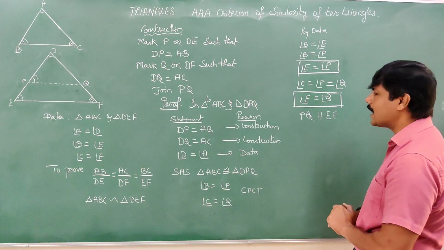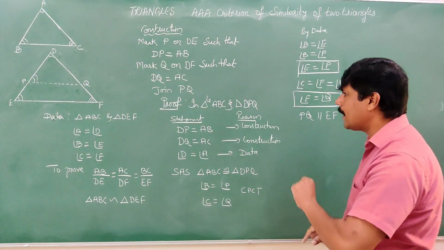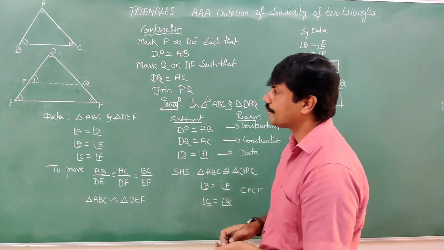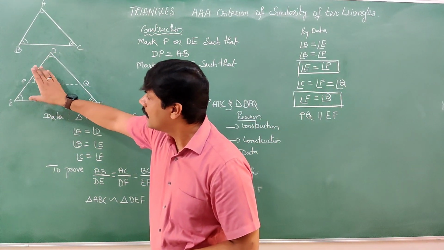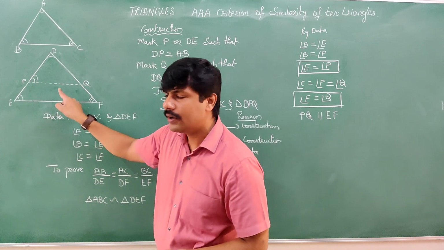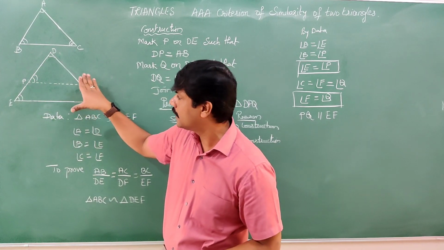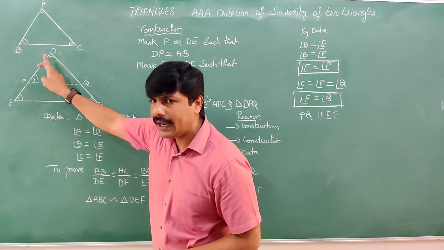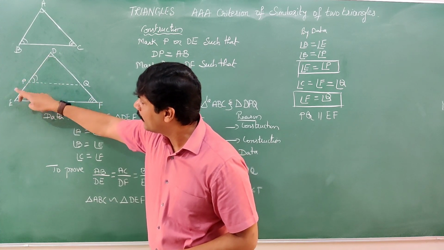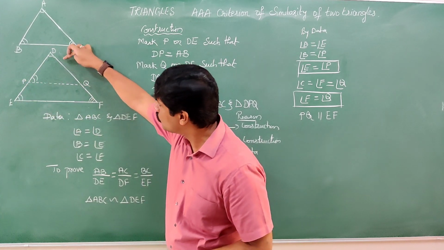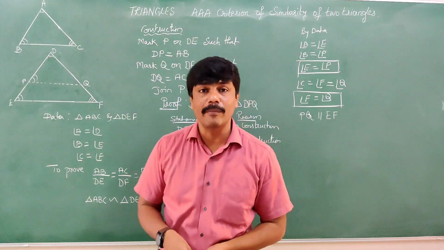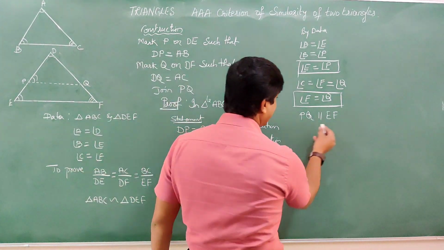Since PQ is parallel to EF, according to BPT, this line PQ divides the other two sides in the equal ratio, that is DP by PE is equal to DQ by QF by BPT.